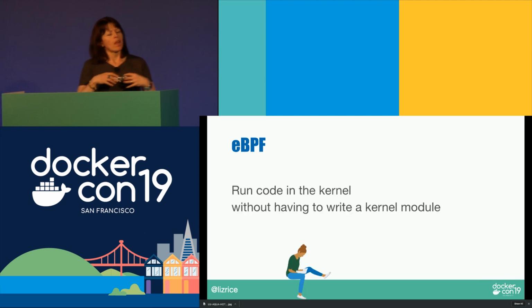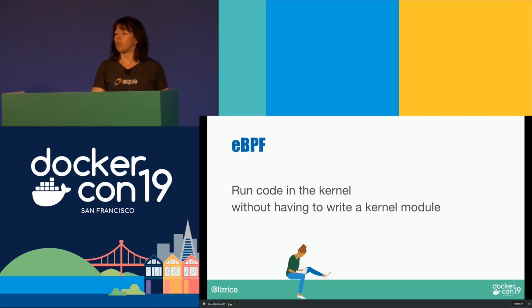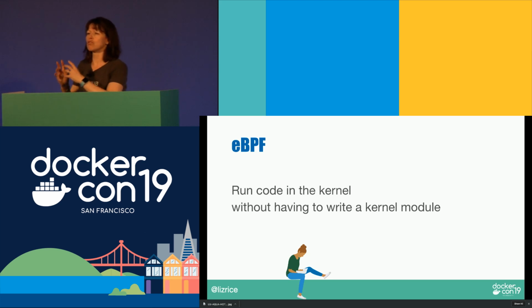So with eBPF, we can run arbitrary code, programs that we write ourselves, in the kernel, but without having to write kernel modules, without having to build our own kernels. So if we're in userspace and we have a program and we're going to somehow get that program to run in the kernel, there's probably a syscall involved, right?